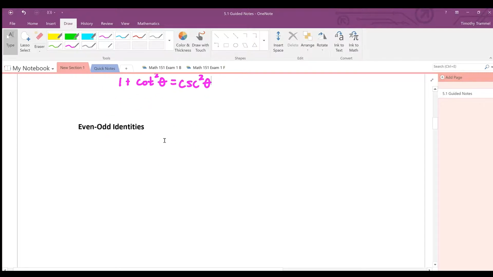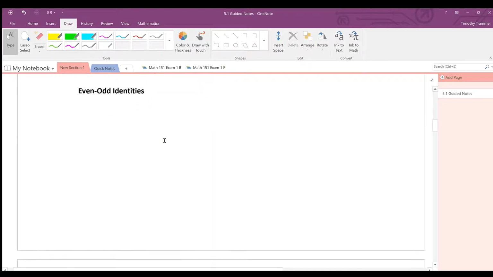All right, and then the last set of identities that we'll use in this section are the even and odd identities. If you remember, the only two even trig functions we have are cosine and secant. So what that means is for both secant and cosine, if you plug in minus x, that's equivalent to just plugging in x.